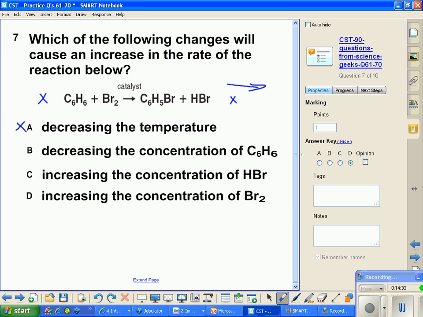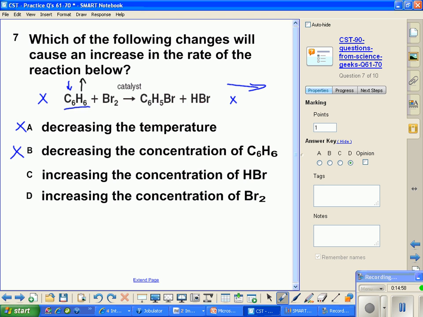Decreasing the concentration of this dude: if I put this guy down, Le Chat is going to want to make more. To make more, he has to move to the same side, which in this case would make the reaction move backward, and that would slow down the reaction. So this winds up being a bogey as well.